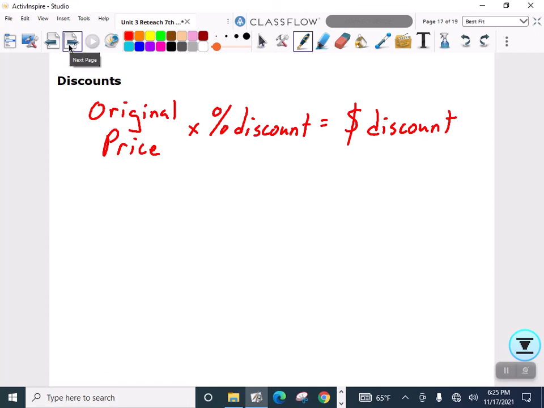Discount. Take the original price times the percent of the discount equals the dollar value of the discount. If you want to know the new price after the discount, you take the price minus the discount, and that'll give you the new price.